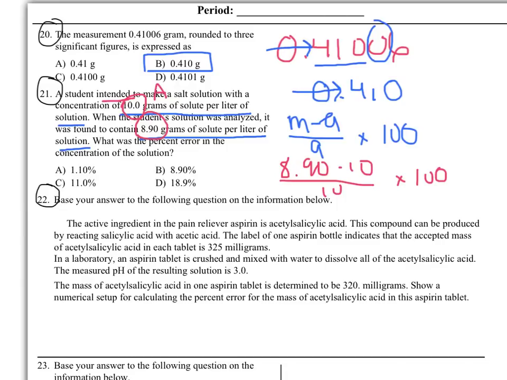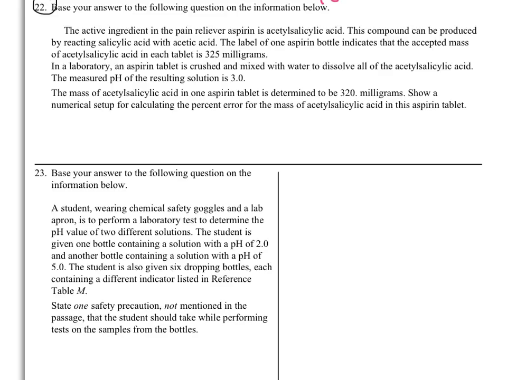Of course, order of operations applies here, so make sure that we calculate the numerator before dividing by the denominator and multiplying times 100. When we place this problem in our calculator, we see that choice C is the best answer. In the next problem, again, we can see that it is a percent error question.